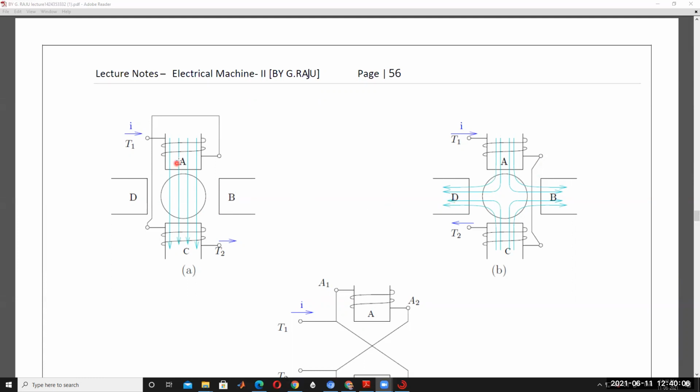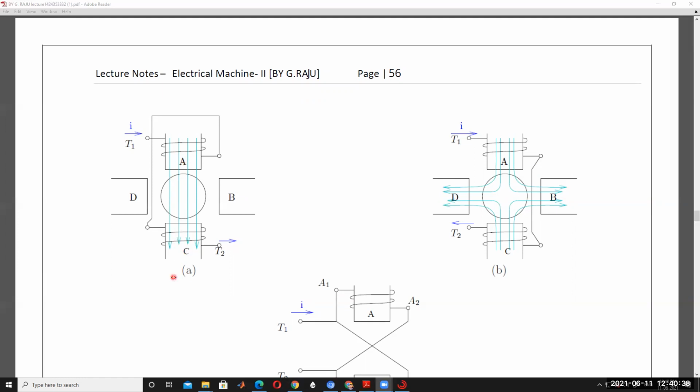If the winding is connected like this, this is called the north pole and this the south pole. The flux lines leave from this winding in this direction. If it is a north pole here and a south pole there, the magnetic flux leaves from the A pole phase and enters the C pole phase.